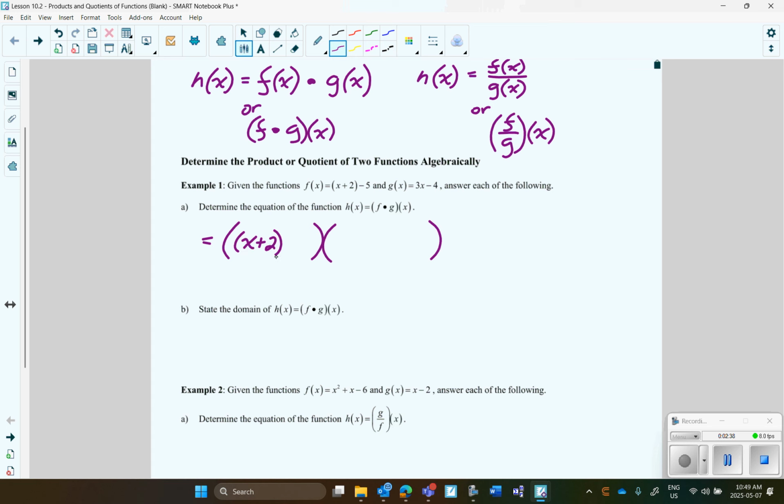I'm going to plug function f in here, in a big set of parentheses, and I'm going to plug function g in there. Is there an easier way to say this? x plus 2 minus 5. Can't I just combine these? What's 2 minus 5? Negative 3, thank you.